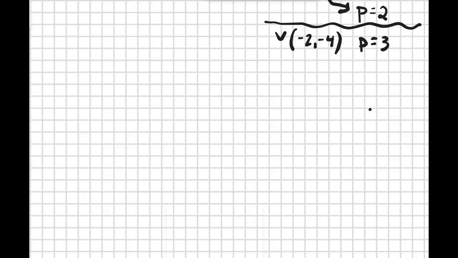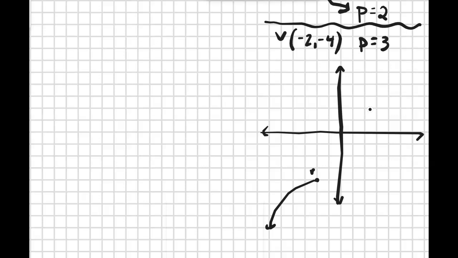So if I again just do a quick sketch here, it's going to help me find the focus and the directrix. So if I go back 2 down 4, there's my vertex. And I know it opens down because it had a negative coefficient. And the p-value of 3, that'll take me to the focus and the directrix.